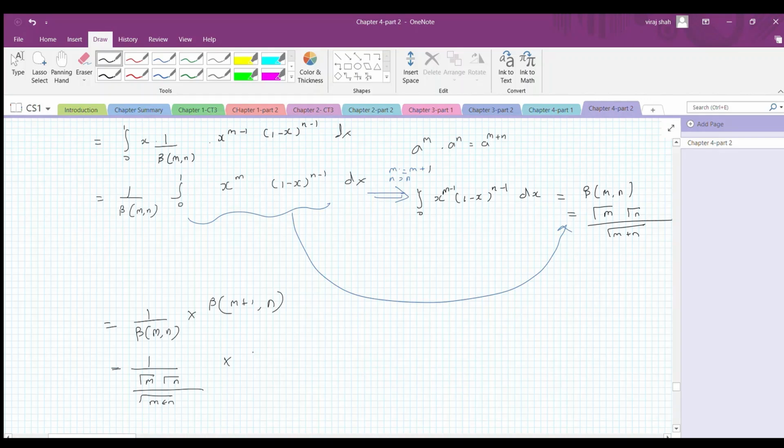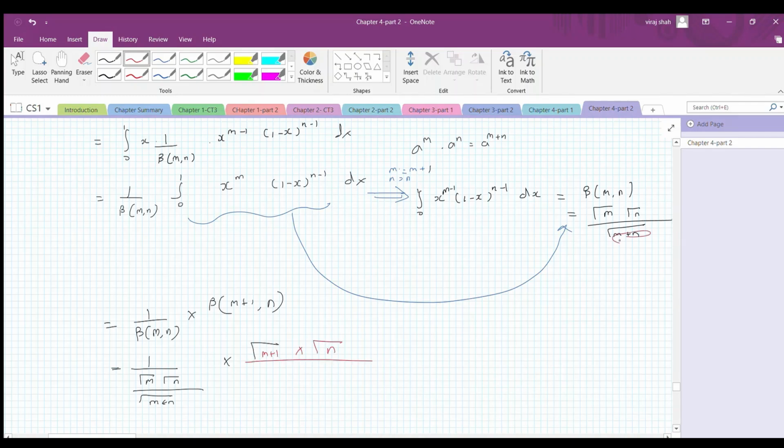Into gamma of the first term, that is m plus 1, since m is nothing but my m plus 1. So let me write that. Gamma of m plus 1 into gamma of n, which remains the same.